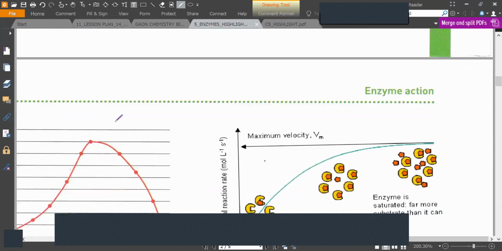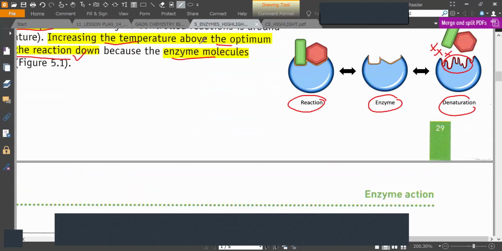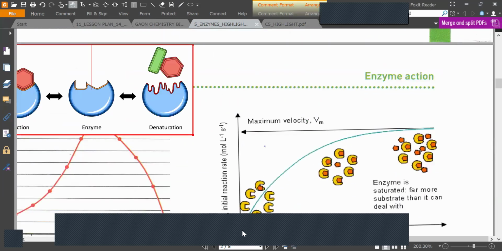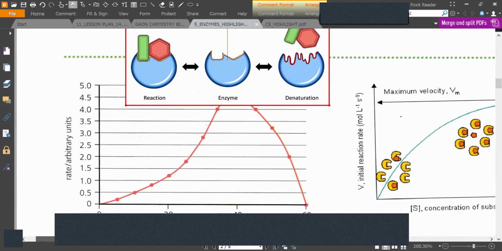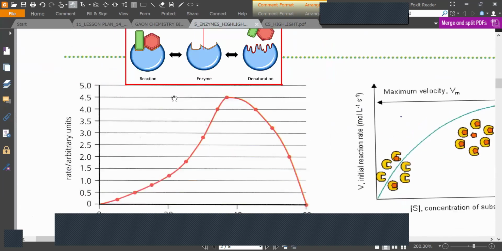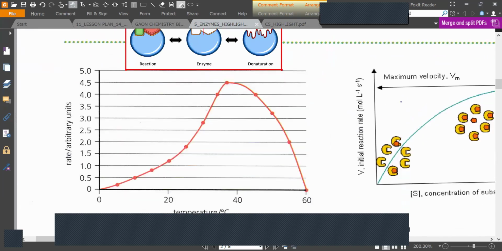We can take a look at the graph. This is what happens. At low temperature, the molecules have low kinetic energy and move very slowly, so they do not form so many complexes, and the rate of reaction is low.